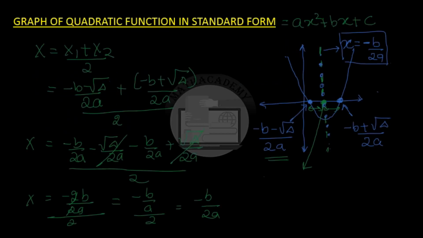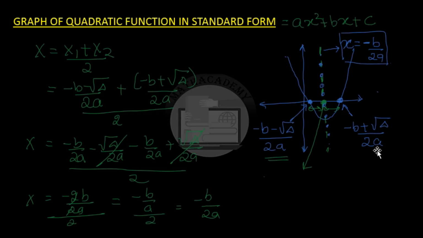Okay, so let's go back to our graph. We have seen the axis of symmetry here, which is negative b by 2a. Remember, a is the coefficient of x square, b is the coefficient of x, and c is the constant term. So x becomes negative b by 2a, and the two zeros are minus b minus root delta by 2a and minus b plus root delta by 2a.